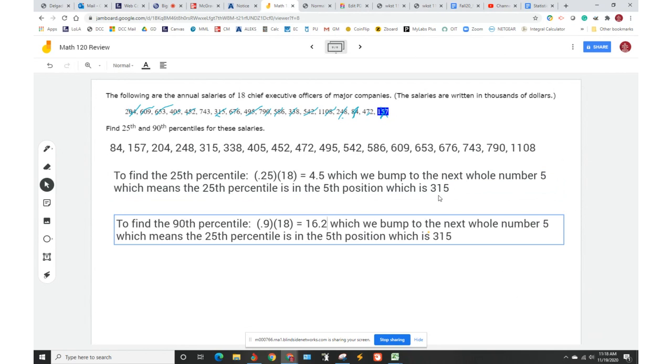The fifth position tells you where it's at, but you've got to go over there and look at it. It's the same kind of situation as with the median. You're looking at position.